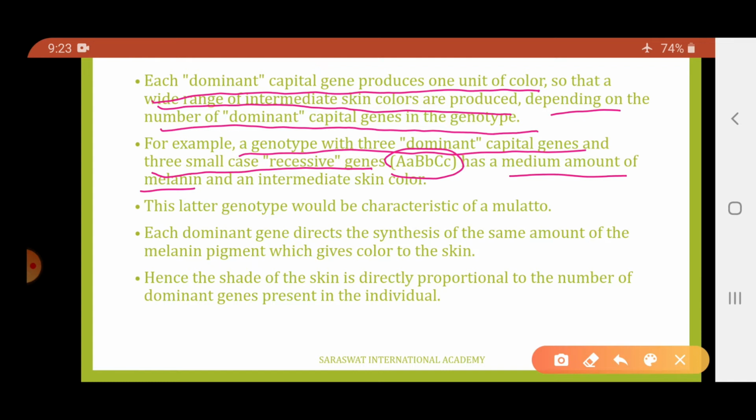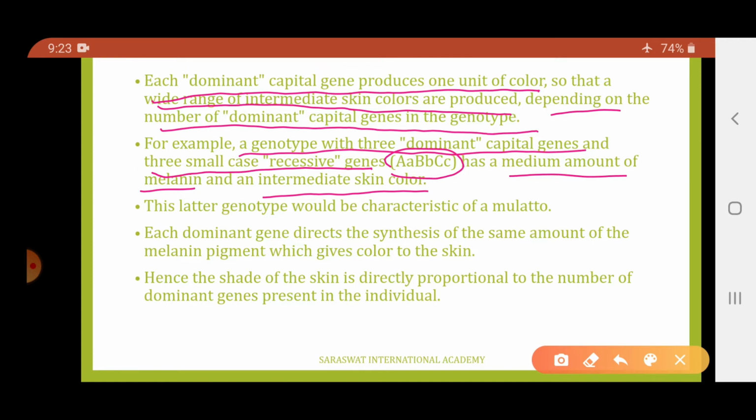Their skin color will be the intermediate skin color, neither extremely dark nor extremely light.